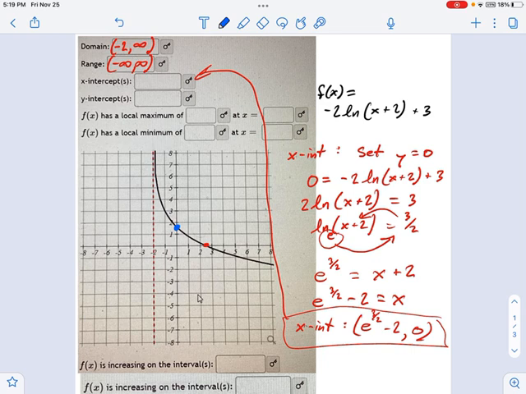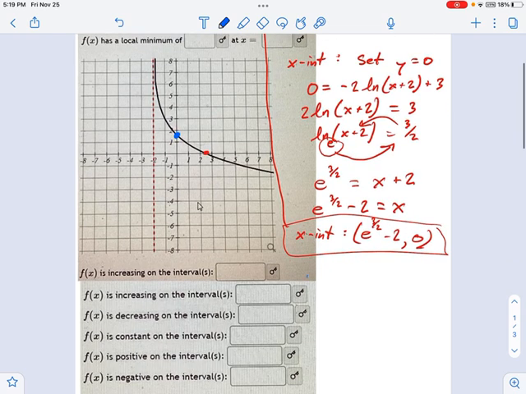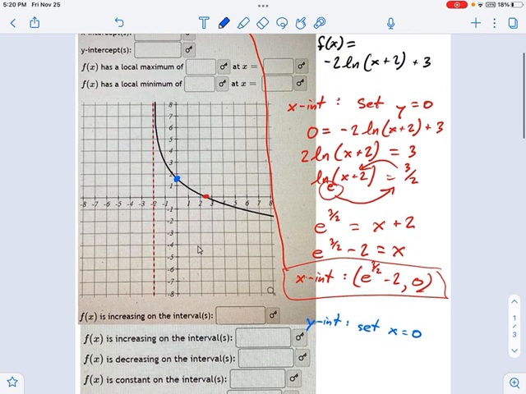Okay, so for this guy, I'm going to say y-intercept, our method is set x equals 0. And we're going to solve this equation. Now what was my equation here? It was y equals -2 times the natural log of (x plus 2), for us x is 0, plus 3.